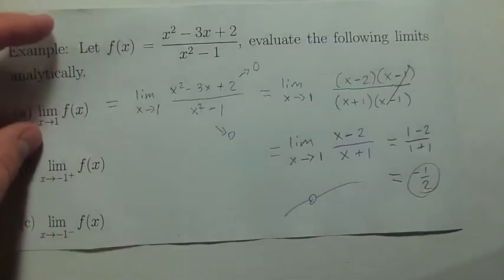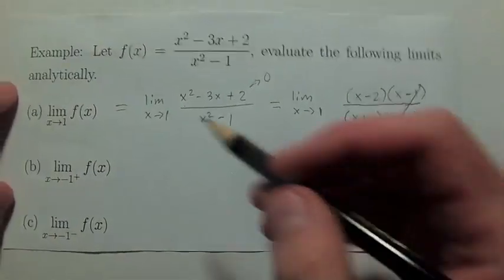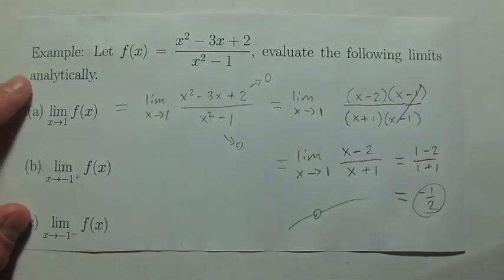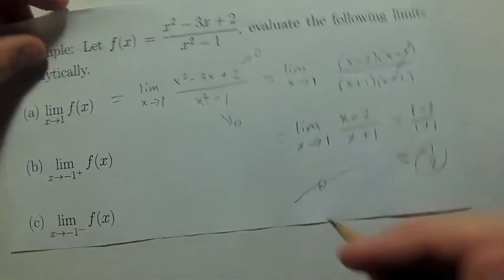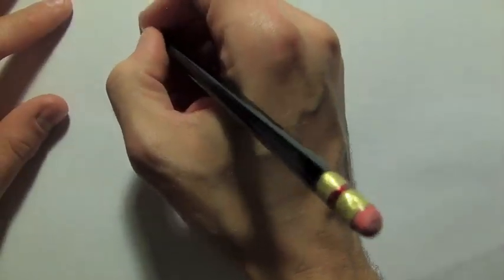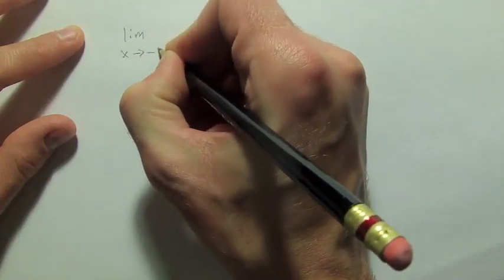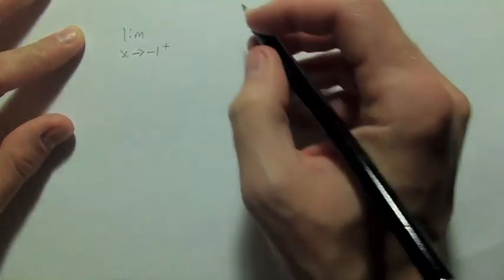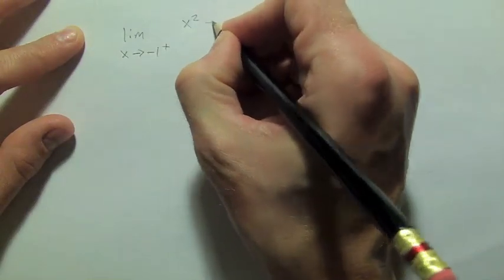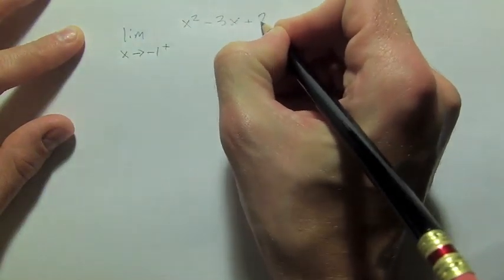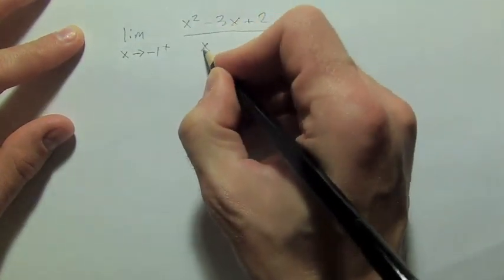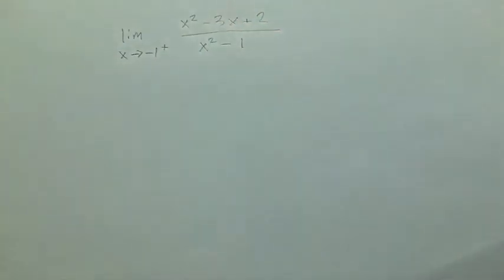Right? Now, if we check the limit as x goes to negative 1 from the right, let's go ahead and just rewrite this problem here. It'll be the limit as x goes to negative 1 from the right of x squared minus 3x plus 2 all over x squared minus 1.